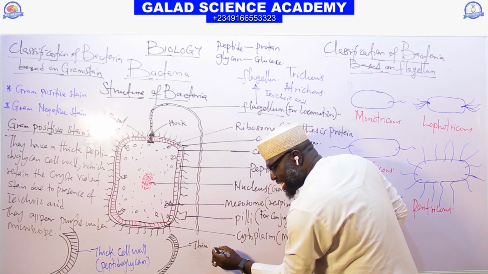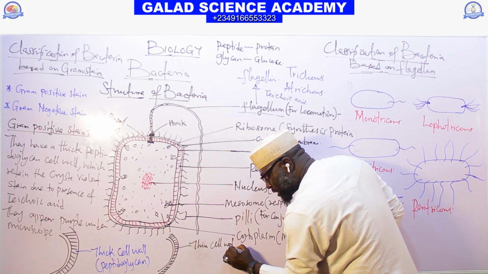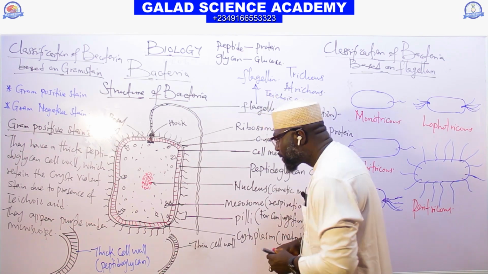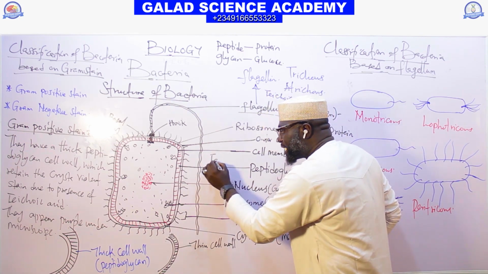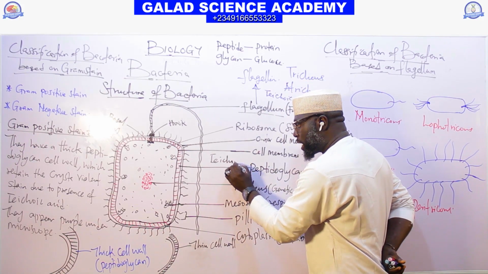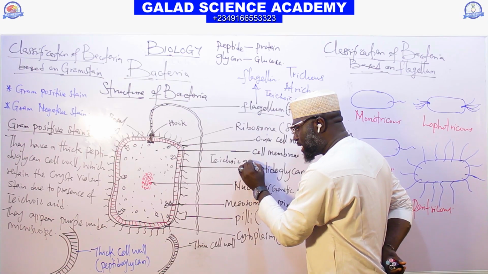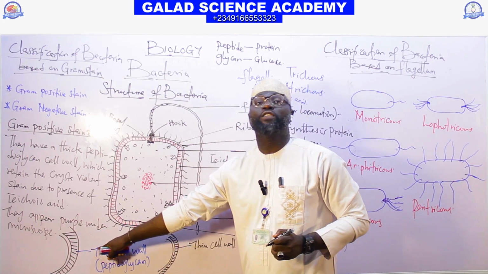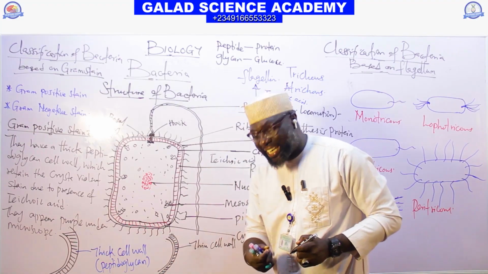They have a thin cell wall due to the absence of teichoic acid. Teichoic acid is the one that controls the thickness of the cell wall and dye retaining.